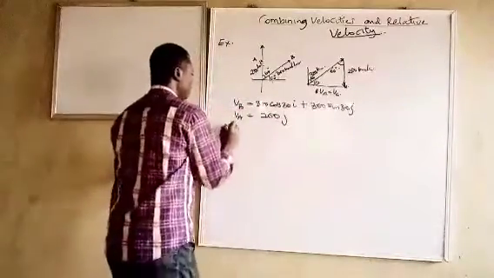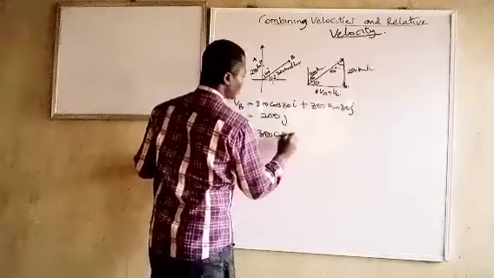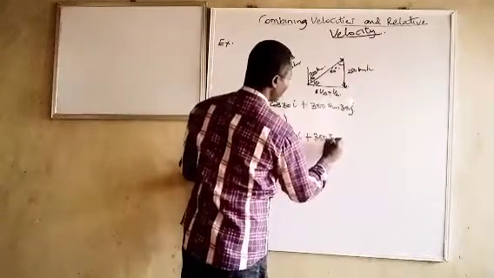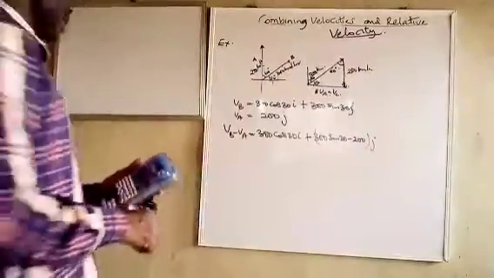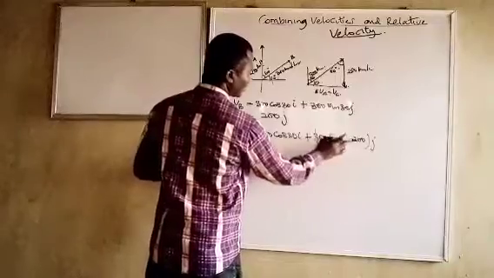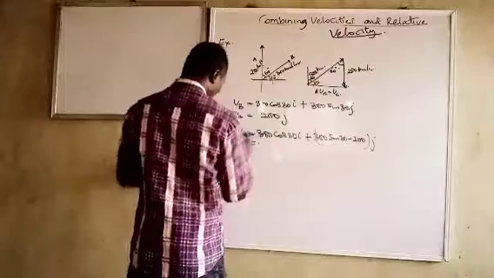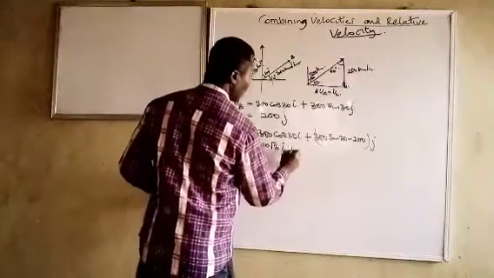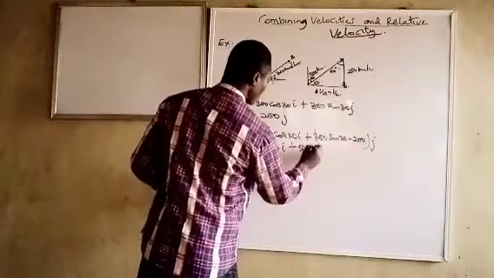So VB minus VA will be equal to 300 cos 30 i plus (300 sin 30 minus 200) j. So this is going to give us 150 root 3 i minus 50 j.